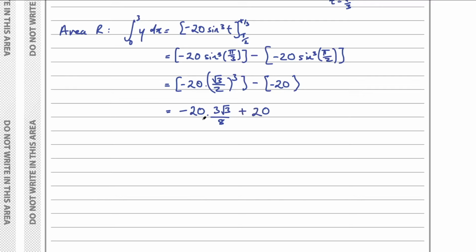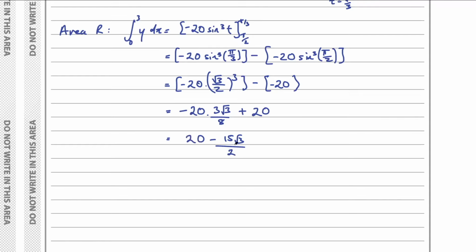Then if we simplified this expression further, well, a common factor between 20 and 8 is 4. 20 divided by 4 is 5. 8 divided by 4 is 2. 5 times 3 is 15. So this expression here would simplify to negative 15 root 3 on 2. And I might bring that positive 20 to the front.